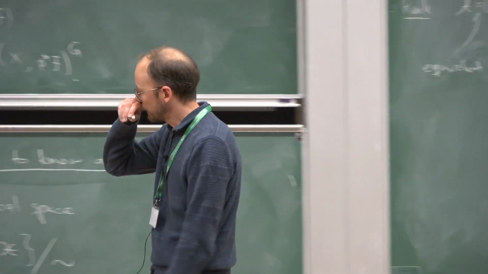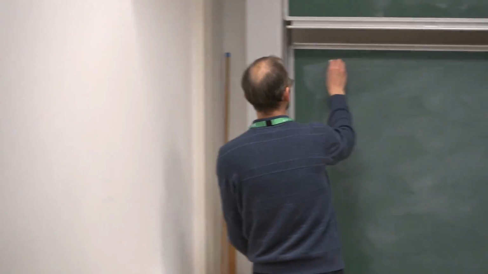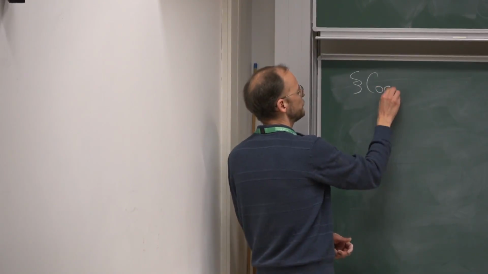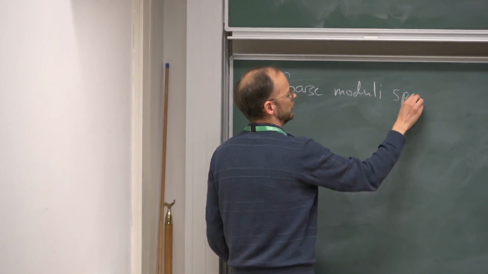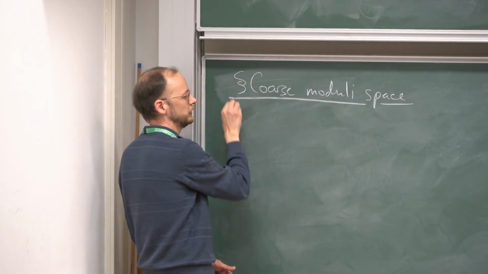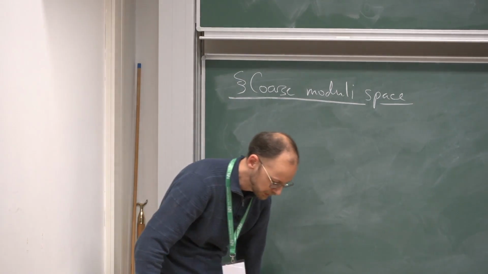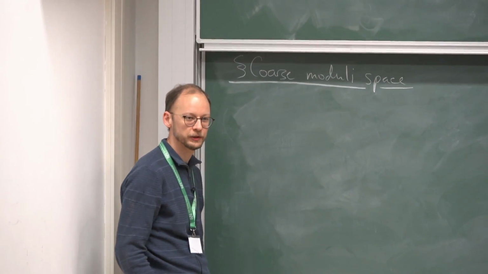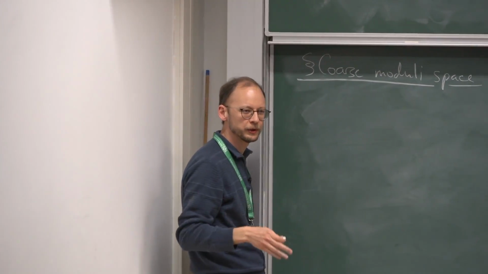So I will soon tell you about good moduli spaces, but let me just say a few words on coarse moduli spaces. I'm not sure this word was mentioned, but it was implicit in Jacobo's lecture on K-stability, these properties 1 and 2.